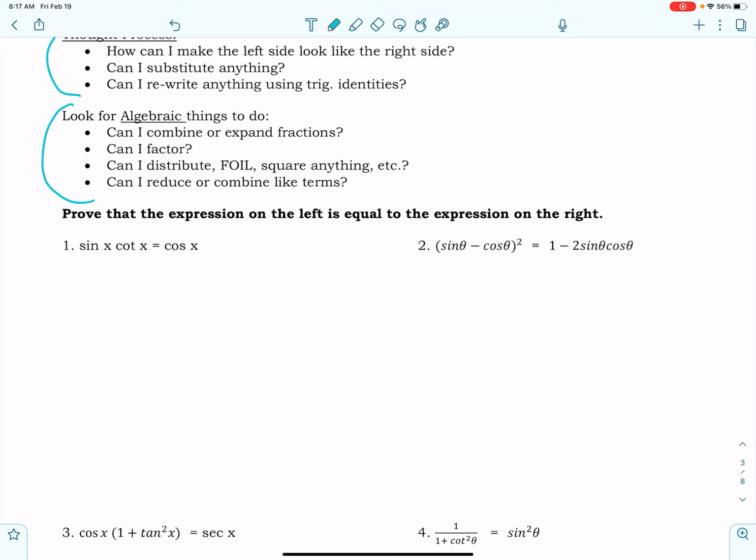I want to transform what's on the left to what's on the right. So I want to change sine x cotangent x so that it is cosine x. Since there's just two values multiplied together, sine x and cotangent x, I'm going to head directly to my identity sheet.